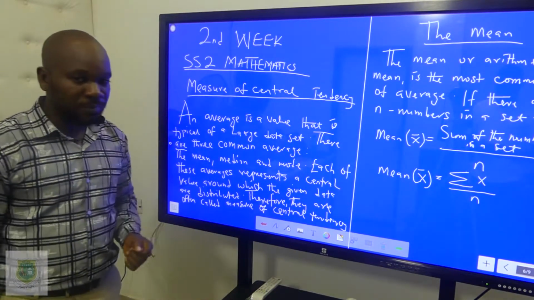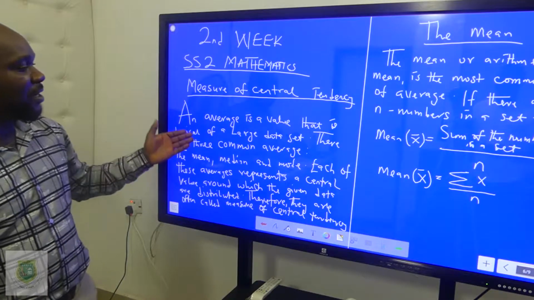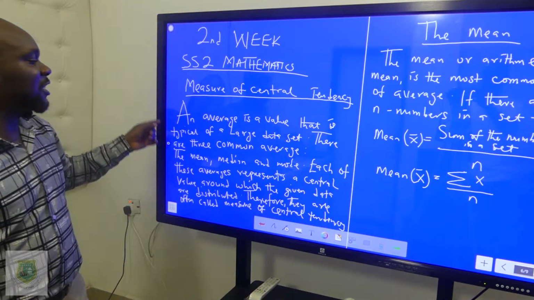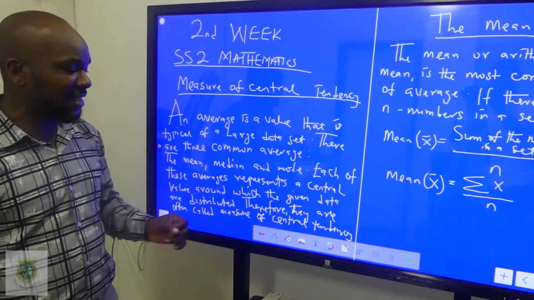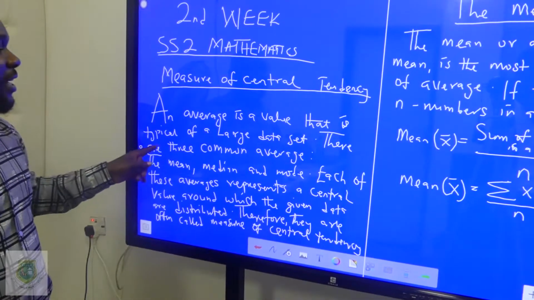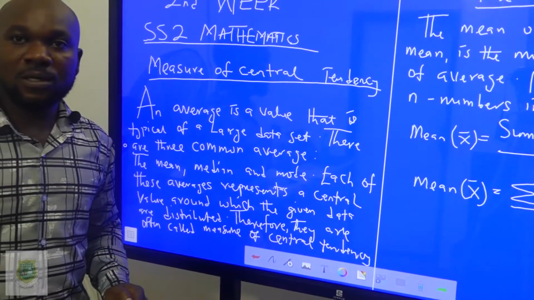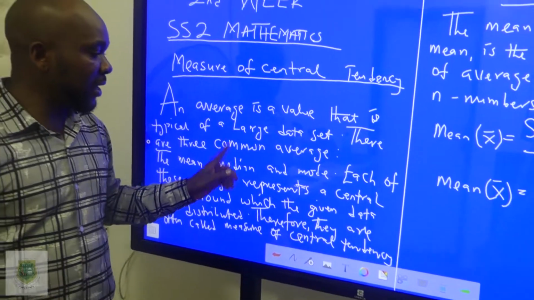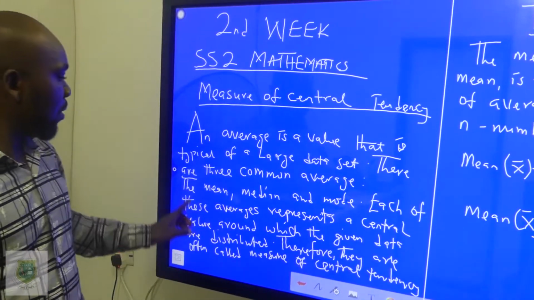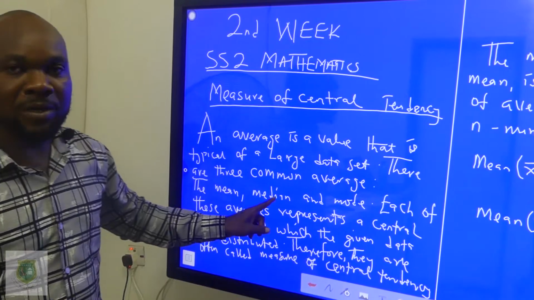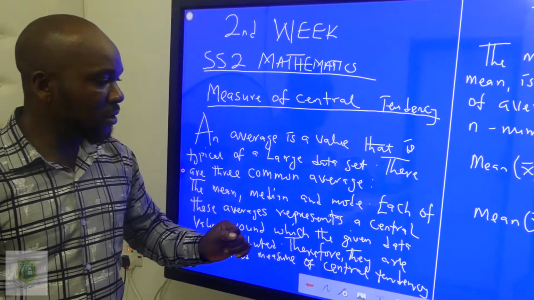Look at this. An average is a value that is typical of a large data set. There are three common averages: the mean, the median, and the mode.